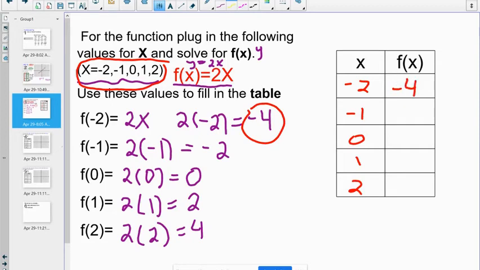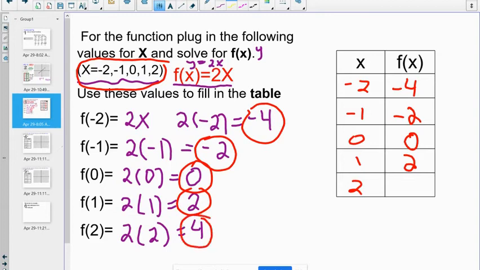It's important that you don't accidentally put it in the negative 1 spot, because if you were to plug in negative 1 into the equation, your y value is not negative 4. Your y value is actually, as we found out, negative 2. So negative 2 there. And I'll just keep going. So you have 0, 0, you have 2. And last but not least, when we plug in 2 for the function, we get positive 4.